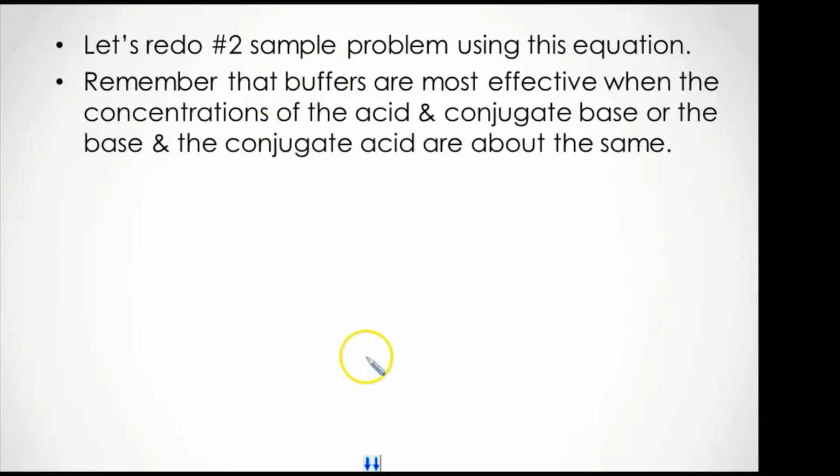So let's redo sample number 2 using this equation. Number 2 was a buffer. A buffer, again, is made up of a weak acid and its conjugate base, or a weak base and its conjugate acid.